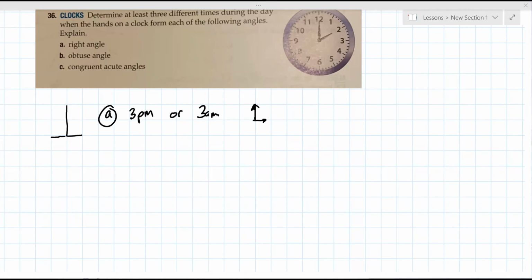Now, because it says 3 different times, what's another time that you might see? 9 a.m. or 9 p.m. Yeah, exactly.